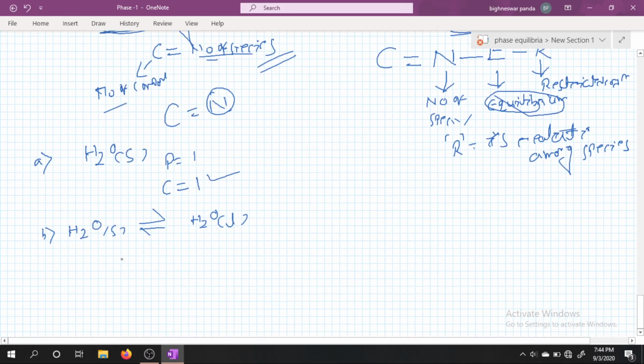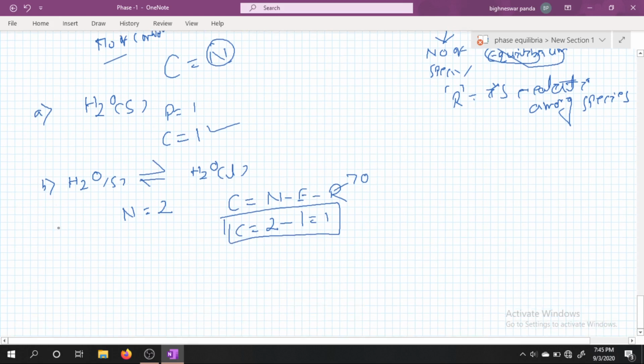I can simply write here the number of species is equal to 2, one is water solid, another water liquid. So I can use the formula C is equal to n minus E minus R, where n is the number of constituents and E is the equilibrium relation. There is one equilibrium present, so E equals 1, and R is the restricted condition or relation among species. There is no relation, so R is 0. So C is equal to 2 minus 1, and that is 1.